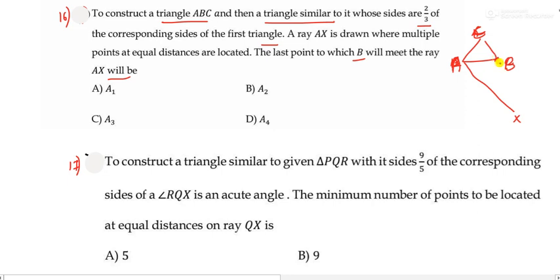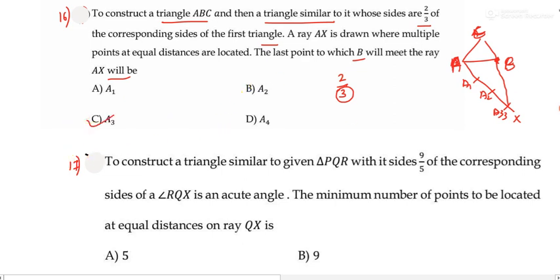As I said, since it is 2 by 3, we'll cut this into 3 parts: 1, 2, 3. Now this is A1, this is A2, this is A3, correct? Now what is in the denominator? 3. So this point will be joined from A3, right? So therefore our answer is option number C, A3.